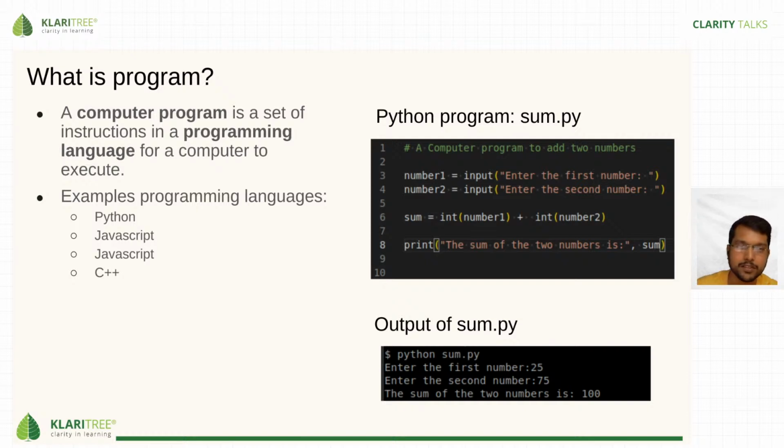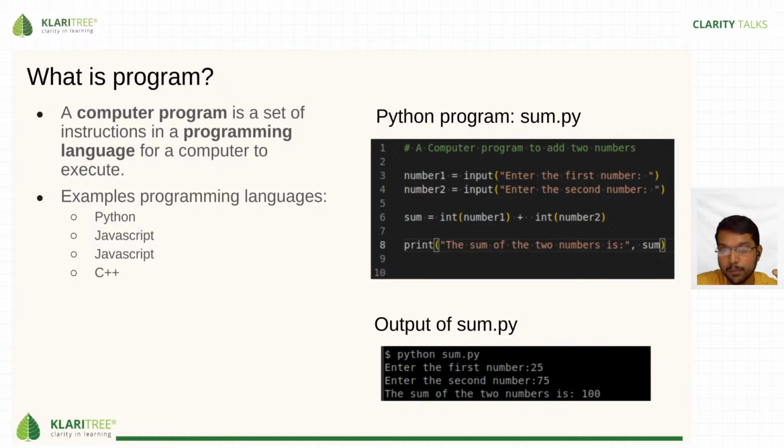This is an example of a Python program, which just adds two numbers. As you can see, lines 3 and 4 take an input of two numbers. Line 6 just adds those two numbers like how a normal human would. And line 8 will show us the output of that.